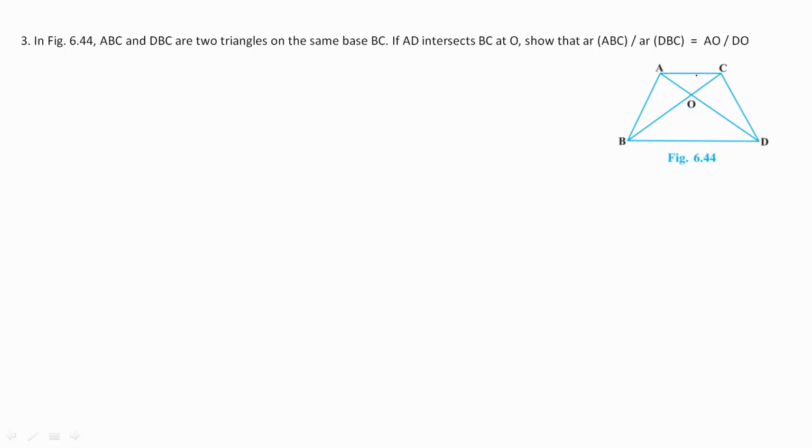If AD intersects BC at O, show that area of triangle ABC upon area of triangle DBC is equal to AO upon DO. So first we need to do some construction in this question.